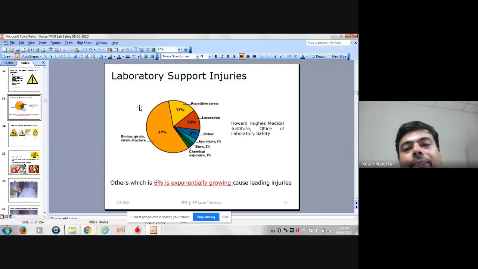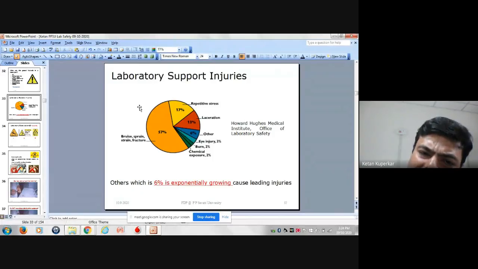Now this is a pie chart proposed by Harvard Health Medical Institute, which showed that 57%, the major share, of people working in laboratories faced problems related to sprains, strains, bruises, and fractures, whereas the other percentages were less in comparison.